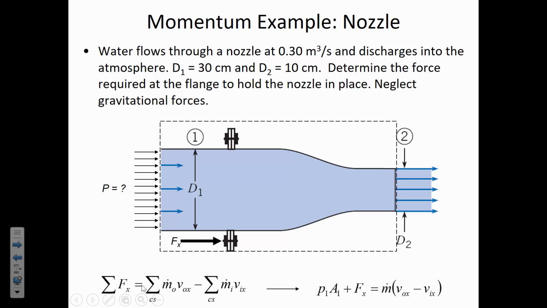You'll notice that in the momentum equation, where we are saying the sum of all the forces, one of those forces is an external force applied at the flange, F of x, but the other force acting on the system, besides the one we have to apply to hold it steady, is P1A1. Now, it's also going to have direction.